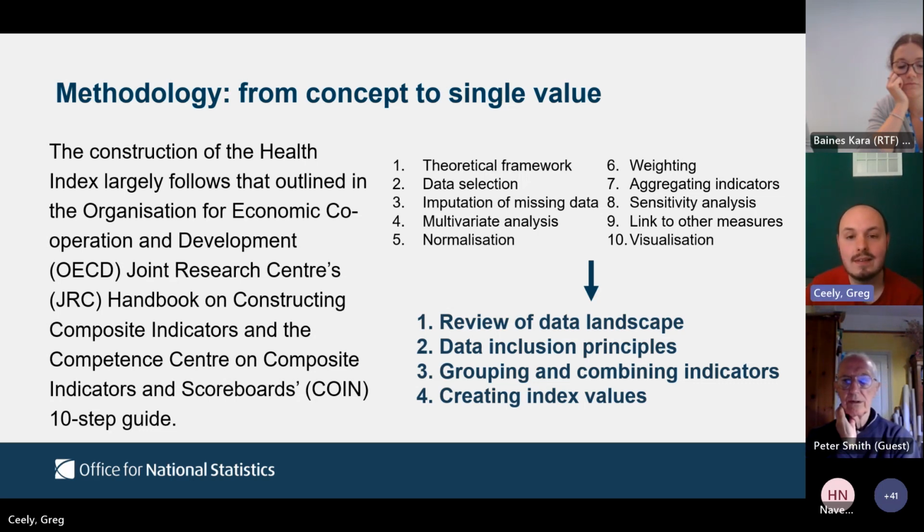We can summarise these 10 steps shown on this slide into 4 stages of development for us, also shown on this slide, which I'm going to describe briefly in turn. I've just spotted a question in the chat, but I will come to questions at the end if that's okay. But there is much more detail on this full process in our public methodology article as well, if there's anything that I miss.